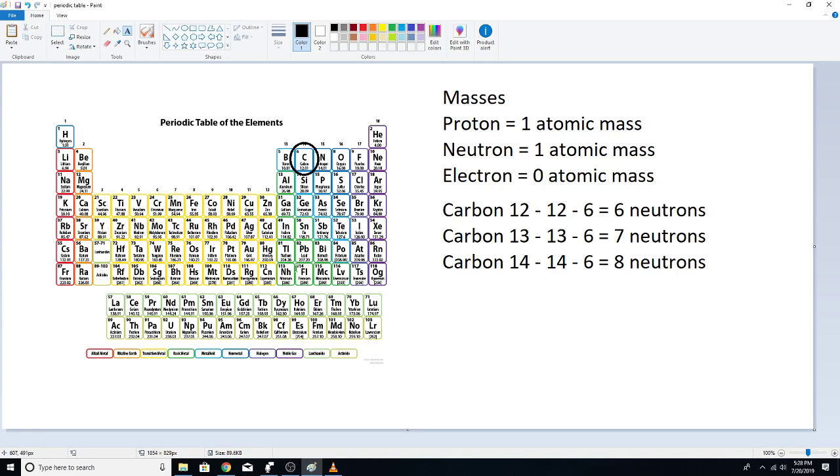And you can get isotopes of all different elements, particularly the further you go down, like uranium. Generally, as you go further down, the atoms have a greater variation of neutrons. For example, if you look at mercury here, 80 proton number, but 200.59 atomic mass.